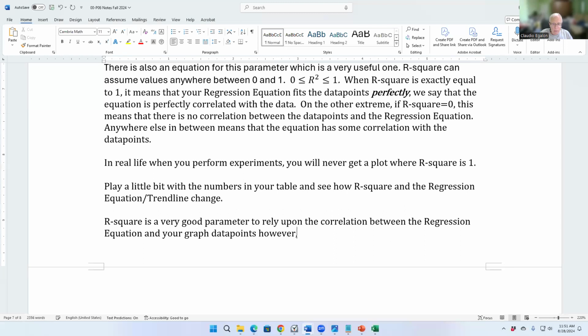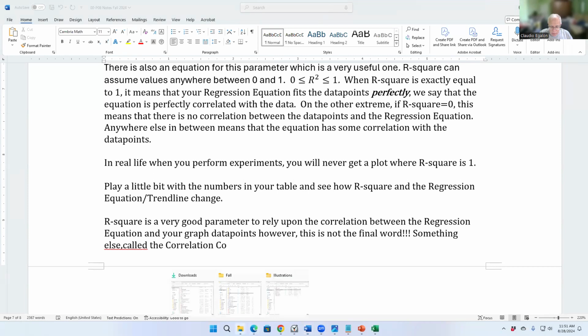However, this is not the final word. Something else called the correlation coefficient. No, it's not correlation. It's another name. Sorry for that.